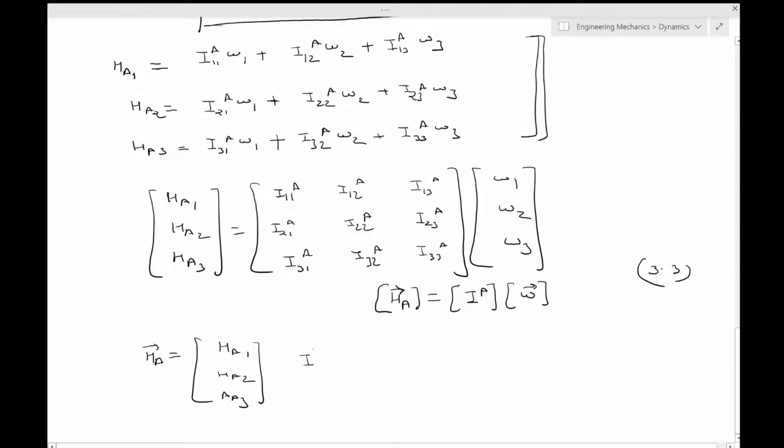Similarly, IA would be essentially this. Please don't make me write this. Okay, it's a 3 by 3 matrix, and omega is omega 1, omega 2, omega 3. So this is just the matrix form of a vector, a so-called column vector. You should have known this form before.